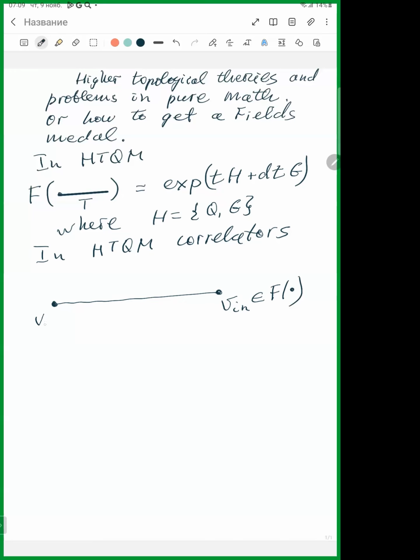Here we have V out that also belongs to the functor applied to a point. We divide the interval into subintervals T1, T2, dot, dot, dots, Tn.